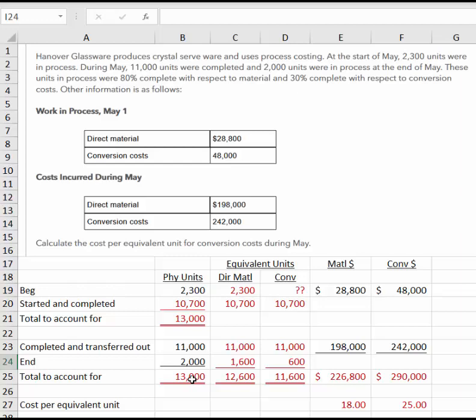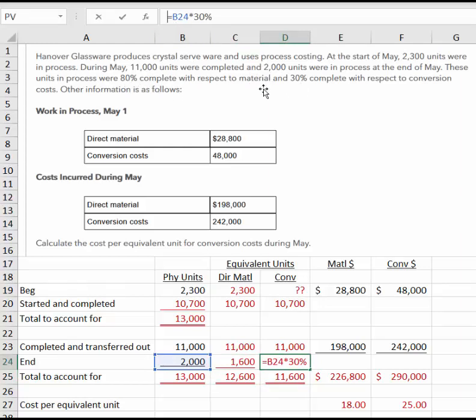Now we have to factor in how much was complete. Well, in this cell right here, which you can see if I hit the F2 or call it up here, I'm taking this value of cell B24 times 80% because it's 80% complete with respect to material. And if I move over and you look up here, you'll see that I'm taking 30%.